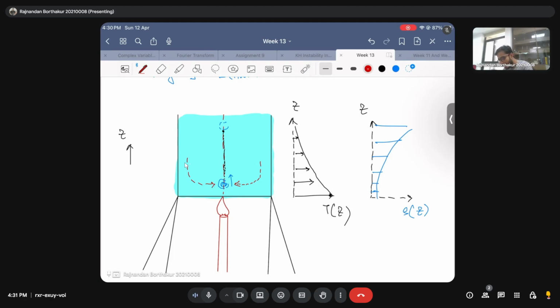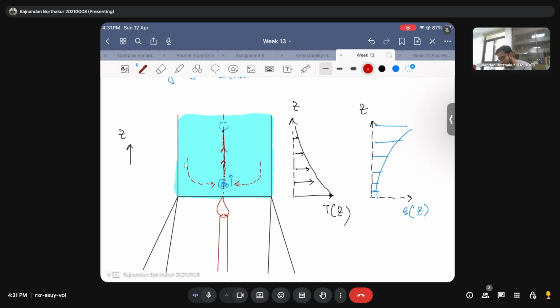So I hope you can now understand that the fluid will move up because of difference in densities or buoyancies, which will then drive an induced pressure gradient, which will take the fluid from the side and try to fill up this gap.